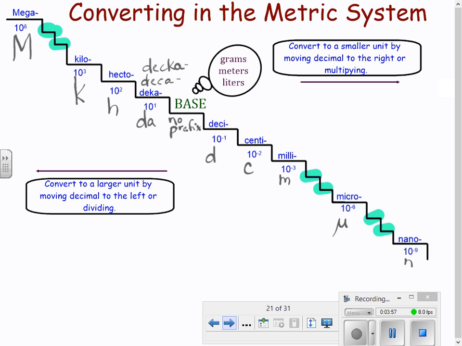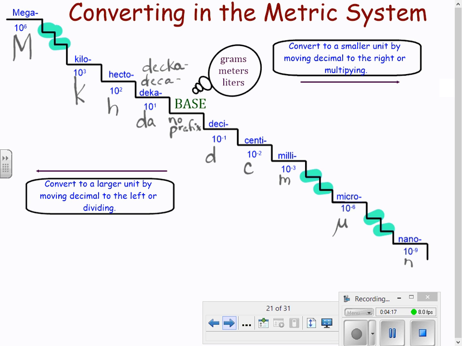So to move and convert in the metric system, we're going to need to know the order of these prefixes. And we count our decimal places by how many spots we move, which is why we need some of those empty staircase steps. It's because we need to move our decimal place that way.